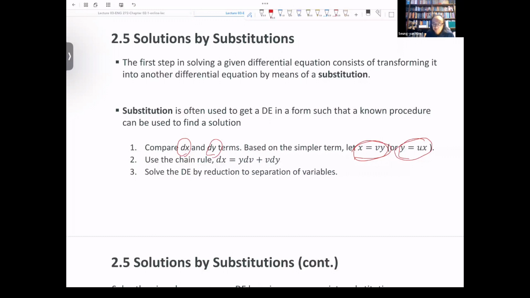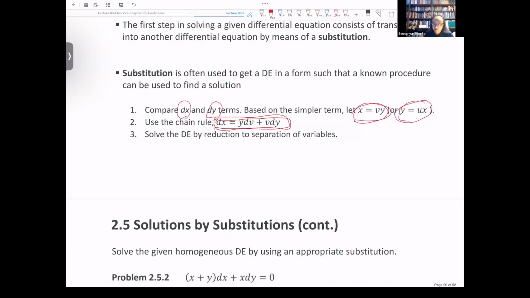Then use the chain rule, dx equals y dv plus v dy, or dy equals u dx plus x du. That's the key, and then solve the differential equation by separation.